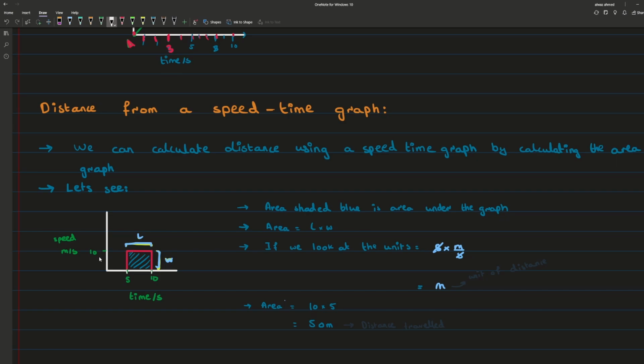Okay, and now if you look at width, we can see that the car traveled at the speed of 10 meters per second. So the value of W is going to be 10. So the area is equal to 10 multiplied by 5, 50 meters. 50 meters is the distance traveled by this object whilst it was moving.